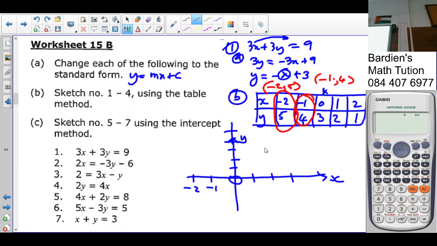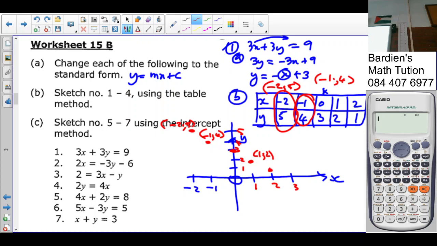You guys understand? So it's 1, 2, 3, 4, 5. So it's negative 2 and 5. Negative 1 and 4. 0 and 3. 1 and 2. 2 and 1.